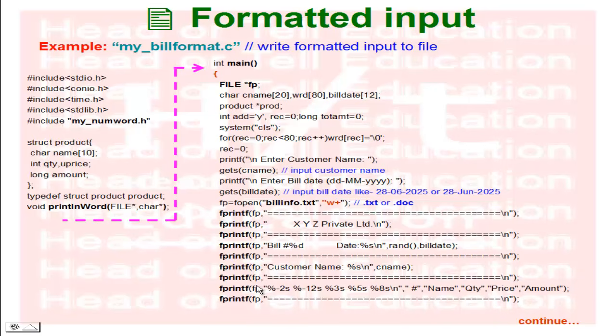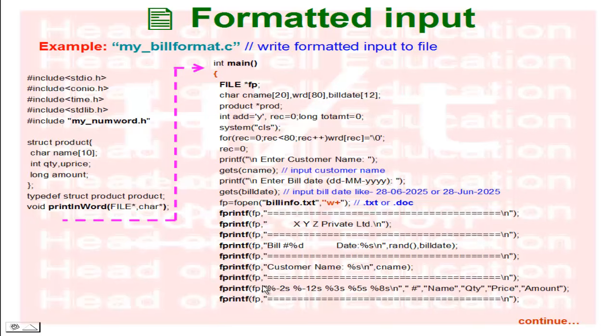This time I am writing formatted output in the file for product name, quantity, price and amount, so this is the header of this. Here I am using a formatted string, and inside this I am using a few numbers like this.